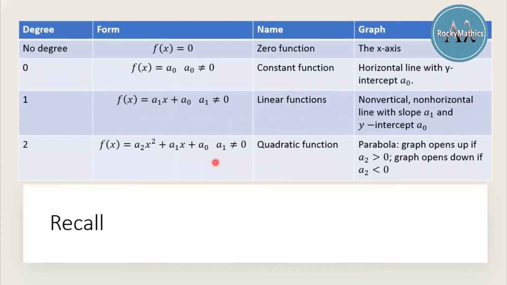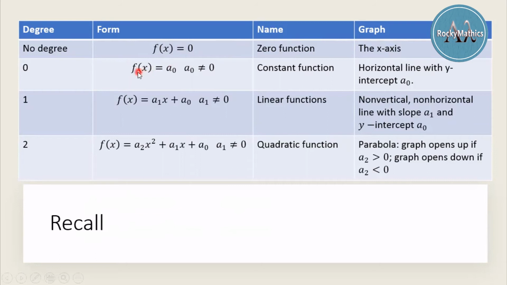So we have here a summary. If you are given a constant function which is 0, f of x is equal to 0, it has no degree. Then the function is what we call the zero function, and the graph is the x-axis itself. Okay? The graph of f of x is equal to 0, or y is equal to 0, is the x-axis itself.